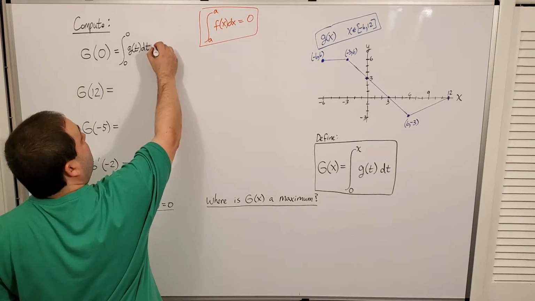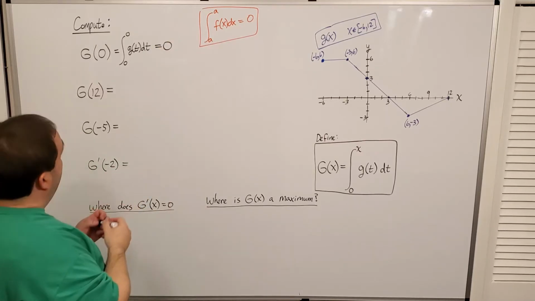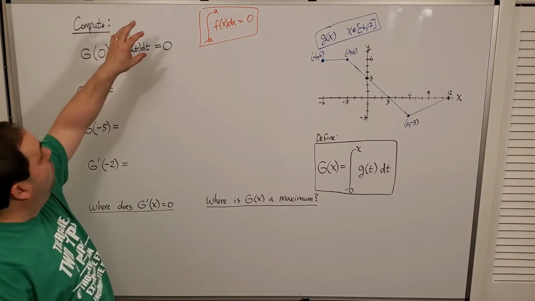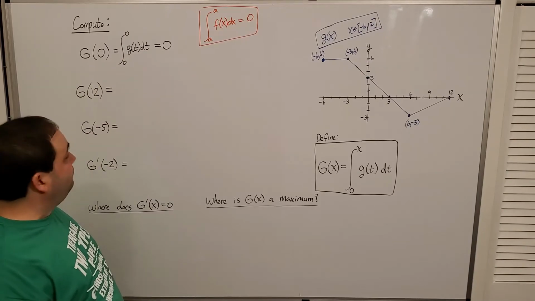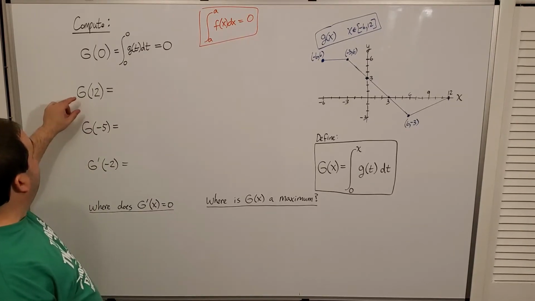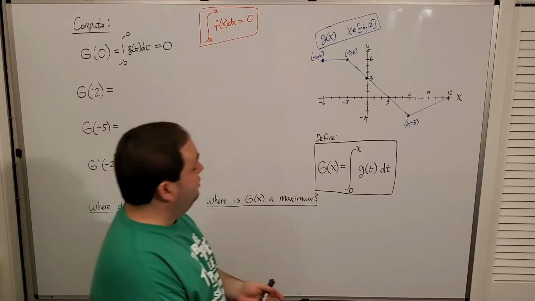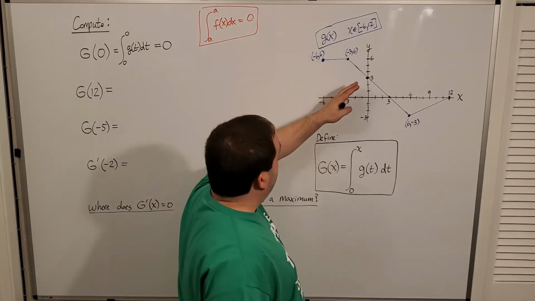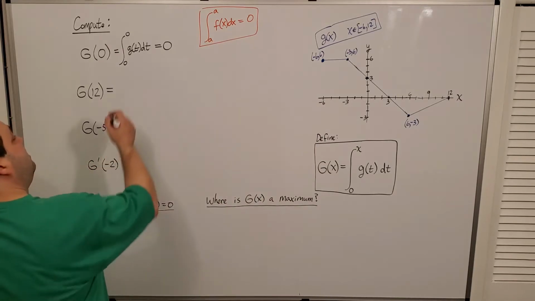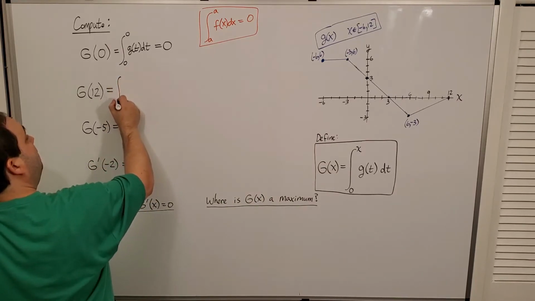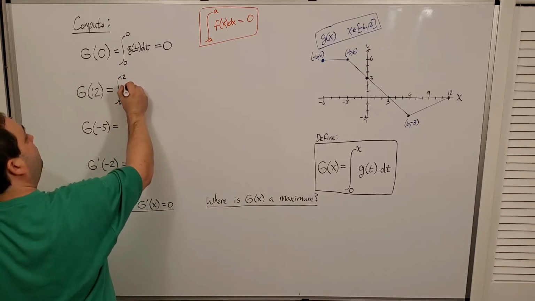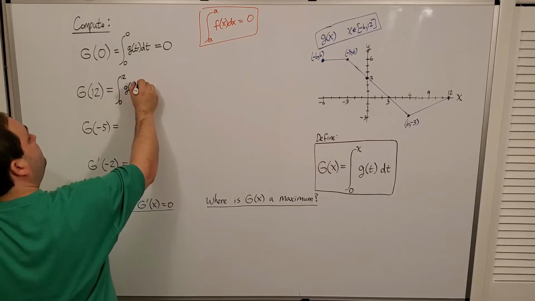So then the answer to this is 0, right? So big G of 0 is 0. All right, what's big G of 12? Big G of 12 is going to have to be the definite integral from 0 to 12 of g(t) dt.